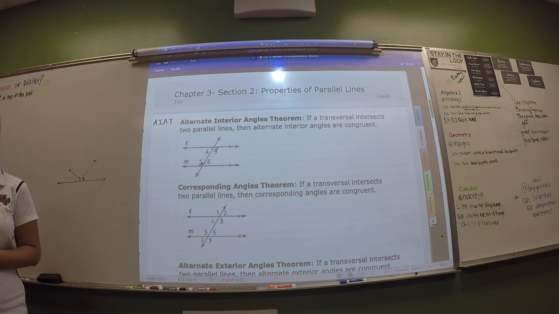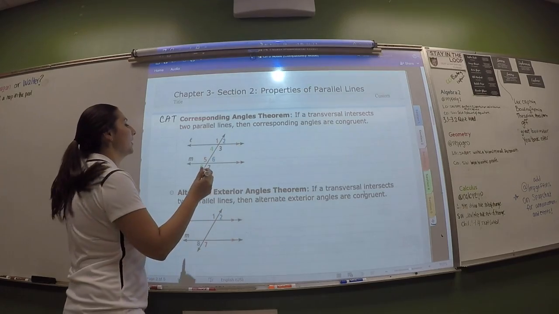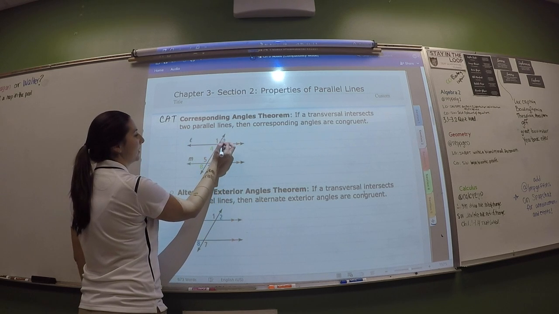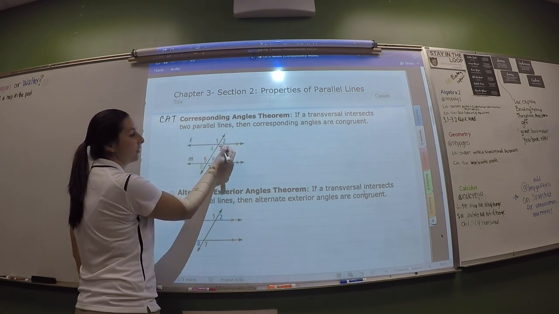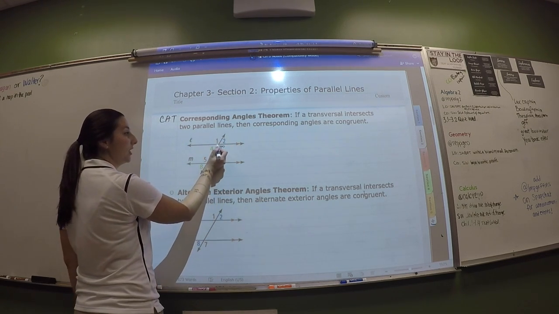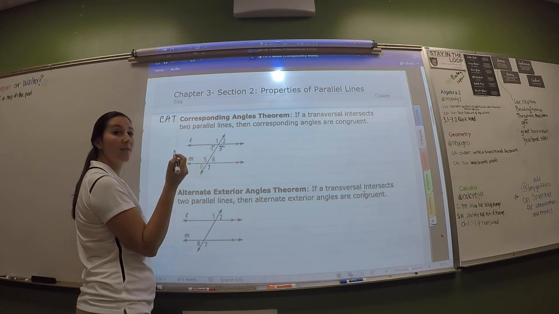Put this in a special place. So let's say angle 3 is 100. Then this is 80, because they're a linear pair.